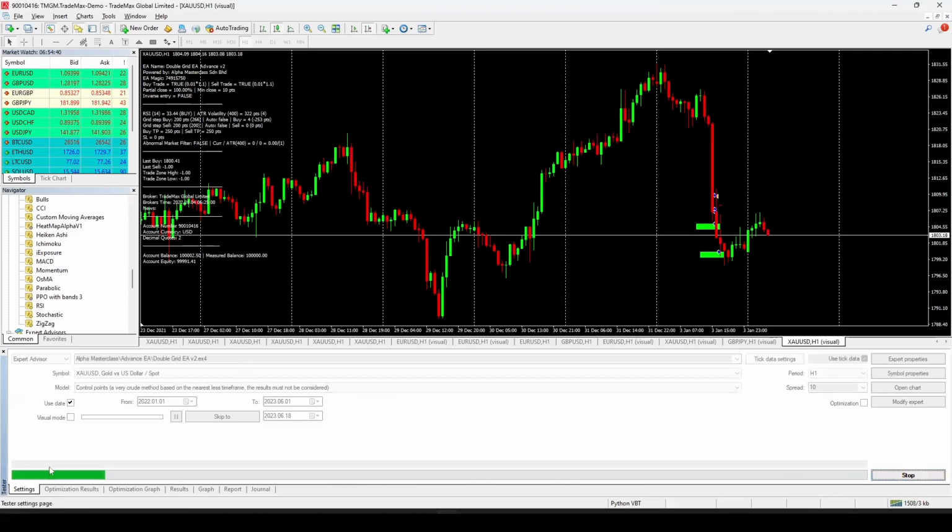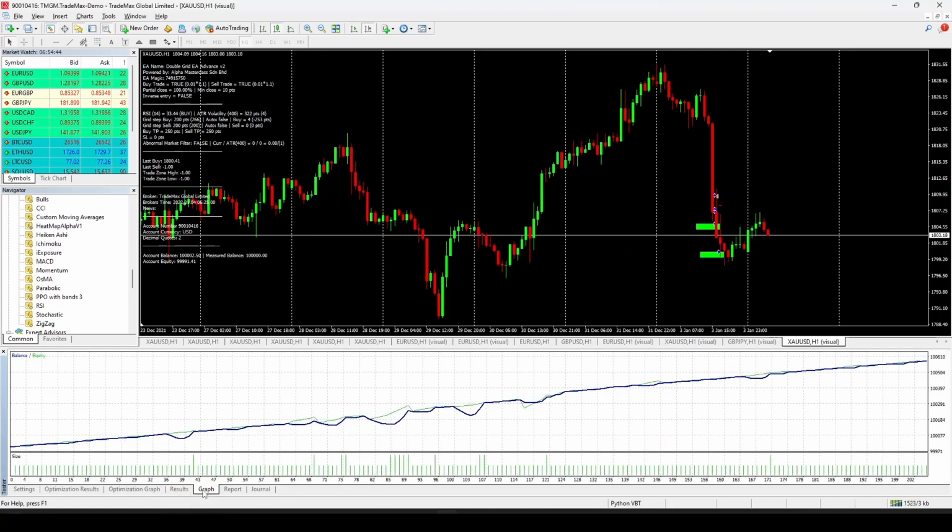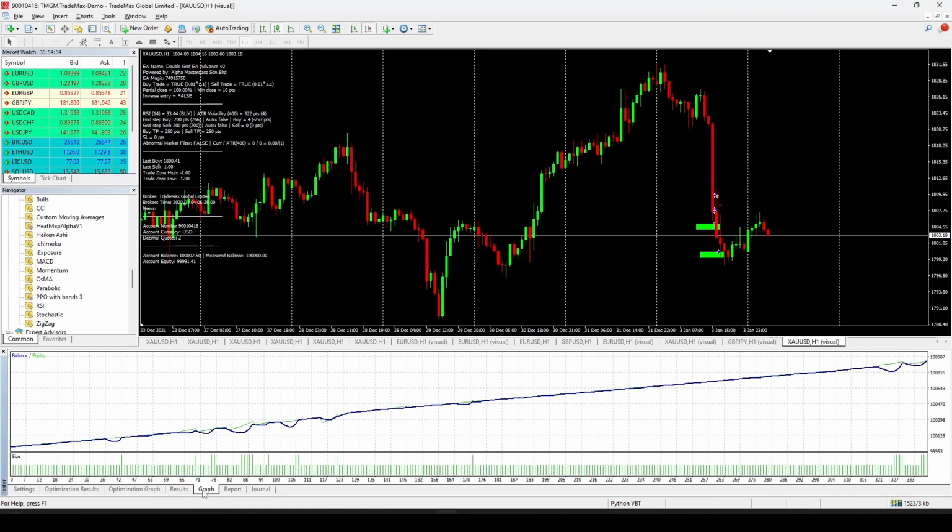Okay. When you untick the vision mode, it can run much faster. Now, for 75, 25, you can also run it on all markets.